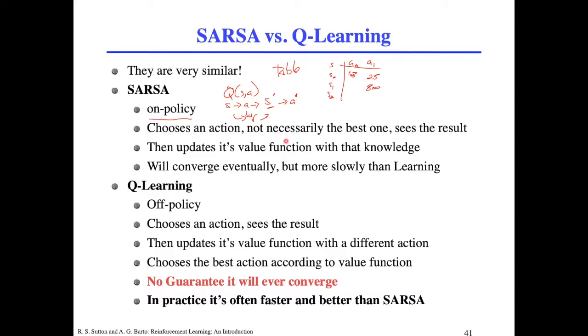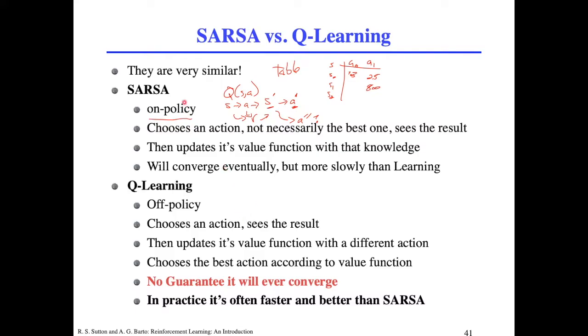And SARSA commits itself to saying, okay, I said I was going to take that action, that's the one I looked up in my table, I'm actually going to do that. Whereas in Q-learning, you don't. You say, I can do something else. When I get to that S prime state, then I can decide what I'm going to do again, and I'll actually pick some other action. Who knows?